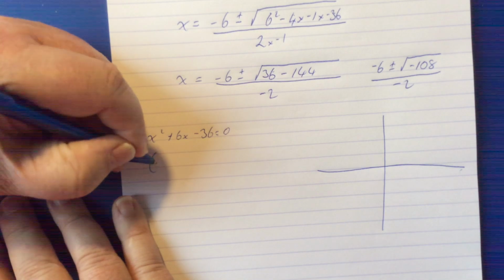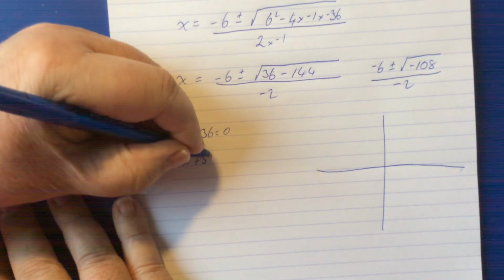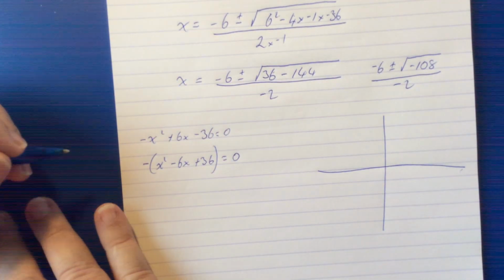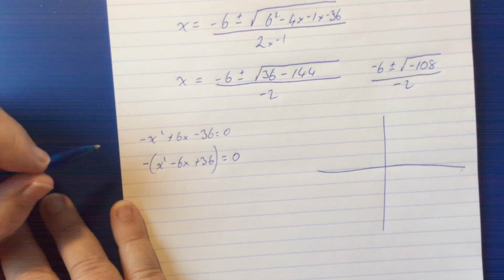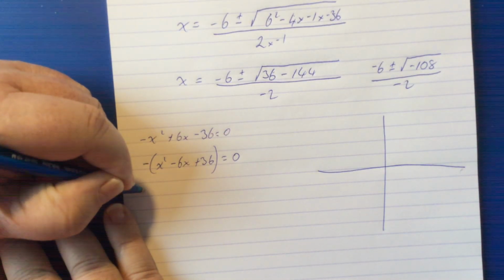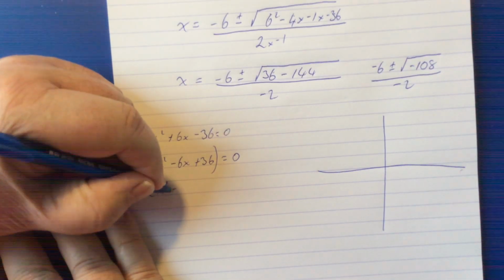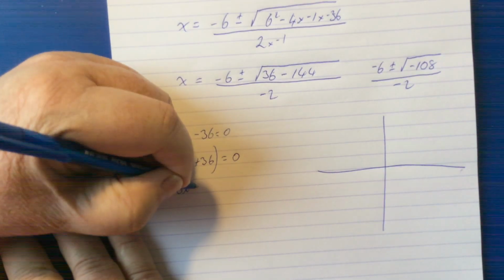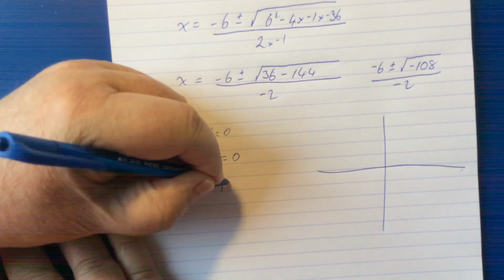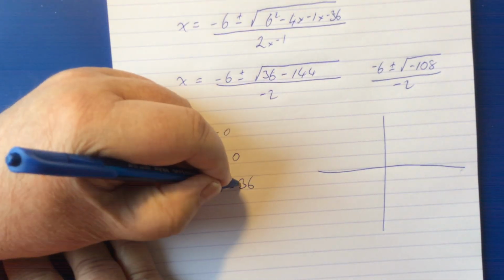So to make that easier, I'm going to do this. Okay, so that gives me negative 36.